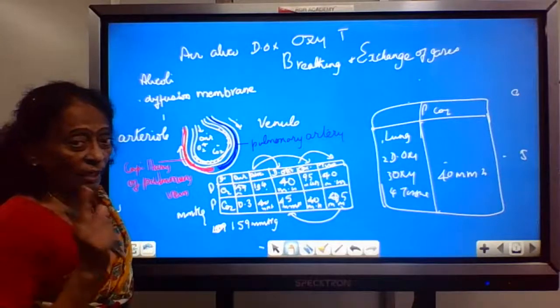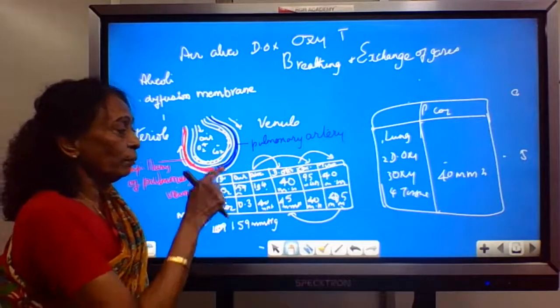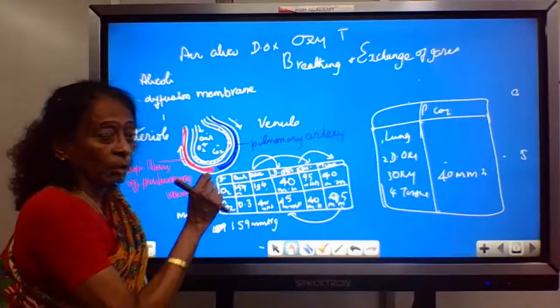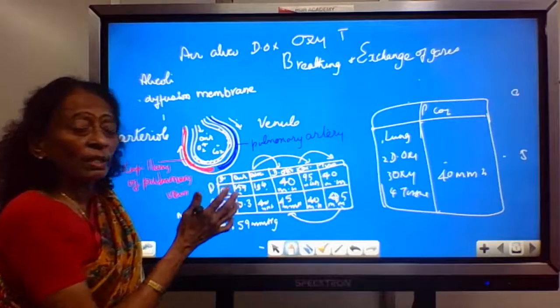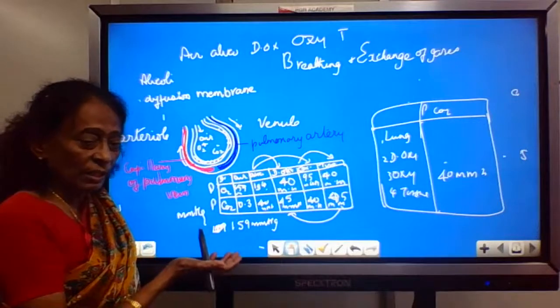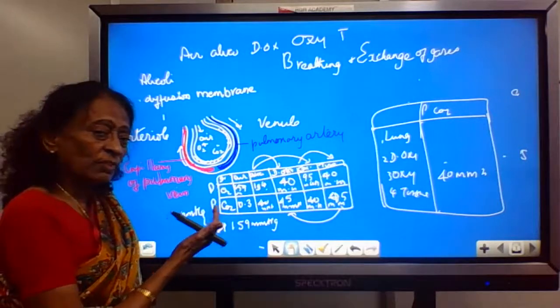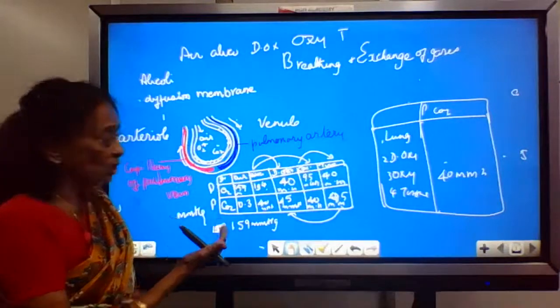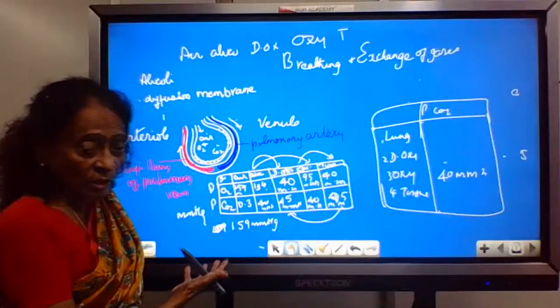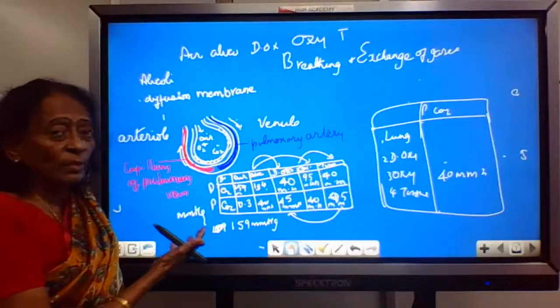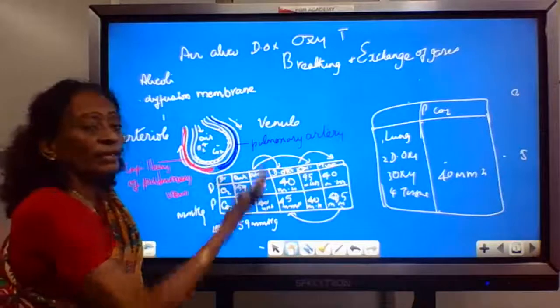So you have to be very careful when you're reading the question. They will give you a clue. They won't simply say arterial and venous blood, because you know very well it differs between pulmonary circulation and systemic circulation. Though we are bothered about the pulmonary circulation, sometimes they can mislead you by using the word artery or vein.